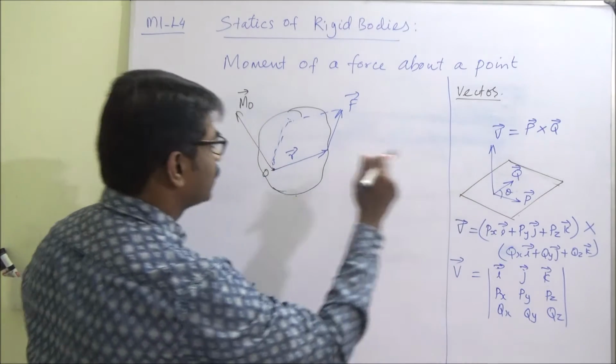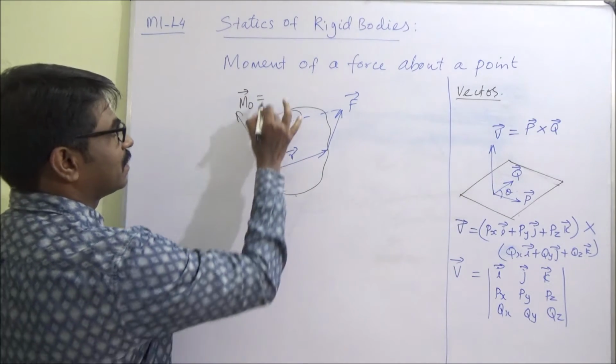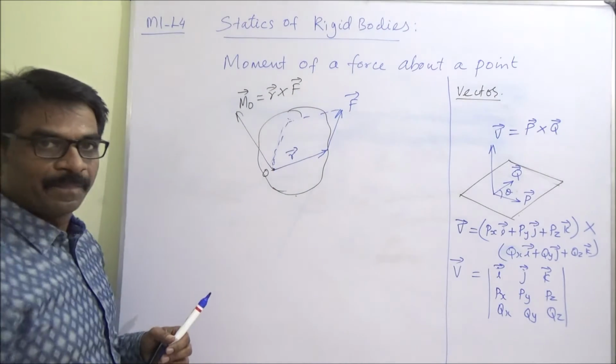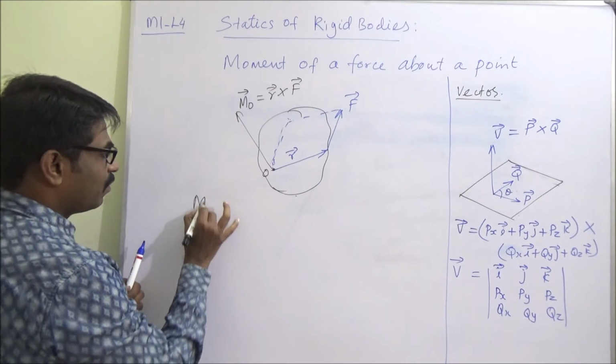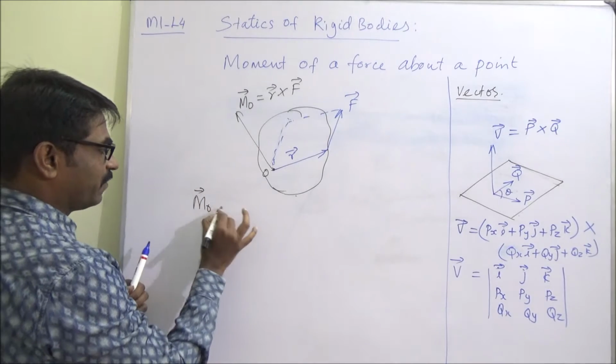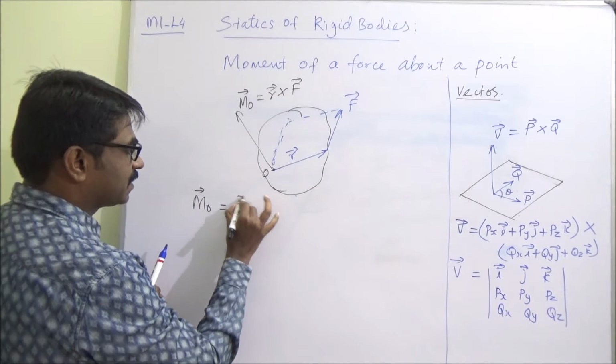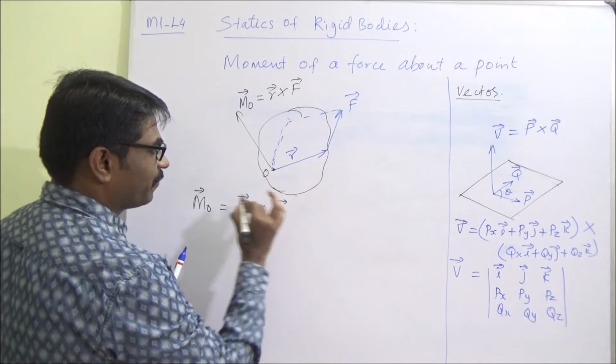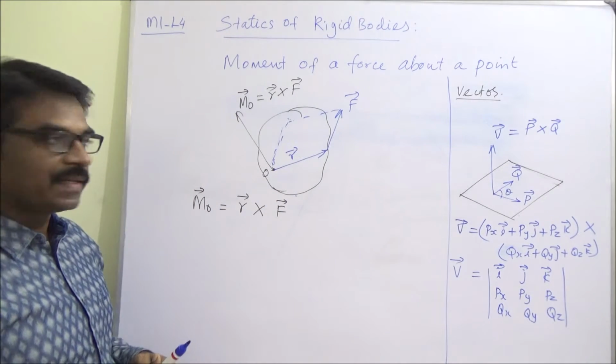According to this, this is R vector cross F vector. So the moment about a point is a vector, and it is represented vectorially as R cross F vector, right?